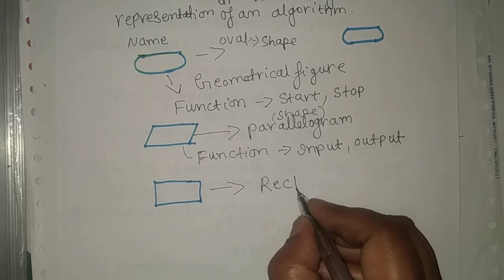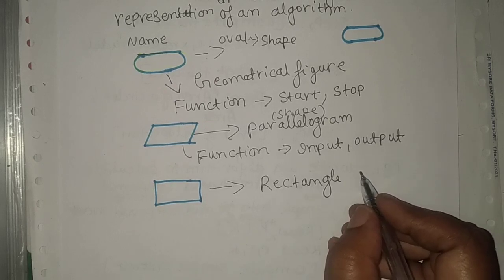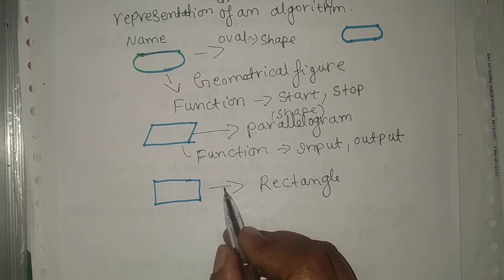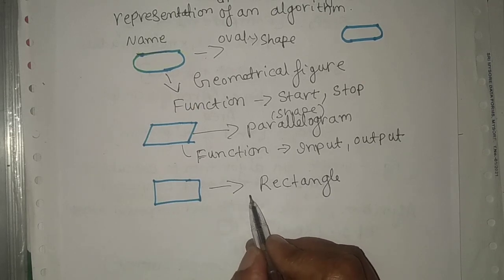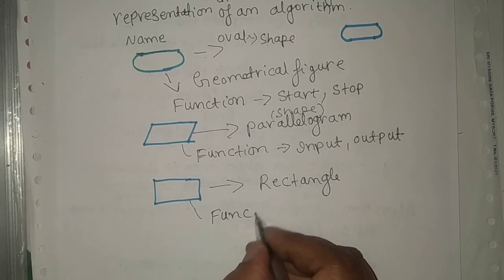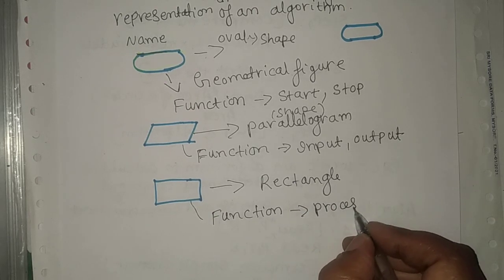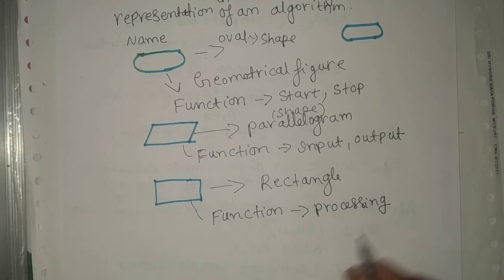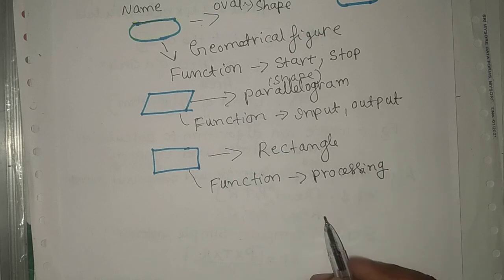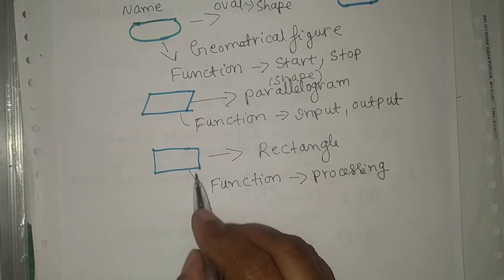This one is used to write down the formulas or any processing done. Therefore, function is processing. So the geometrical figure is rectangle and function is processing. Means all the formulas are written down in this rectangle.